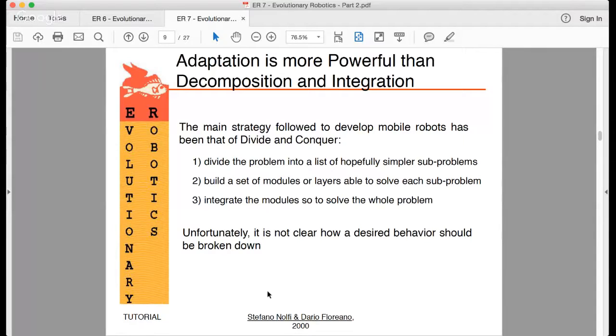The main strategy followed to develop mobile robots has been that of divide and conquer, which is dividing the problem into a list of hopefully simpler subproblems, then building a set of modules or layers able to solve each subproblem, and finally integrating the modules so as to solve the whole problem.